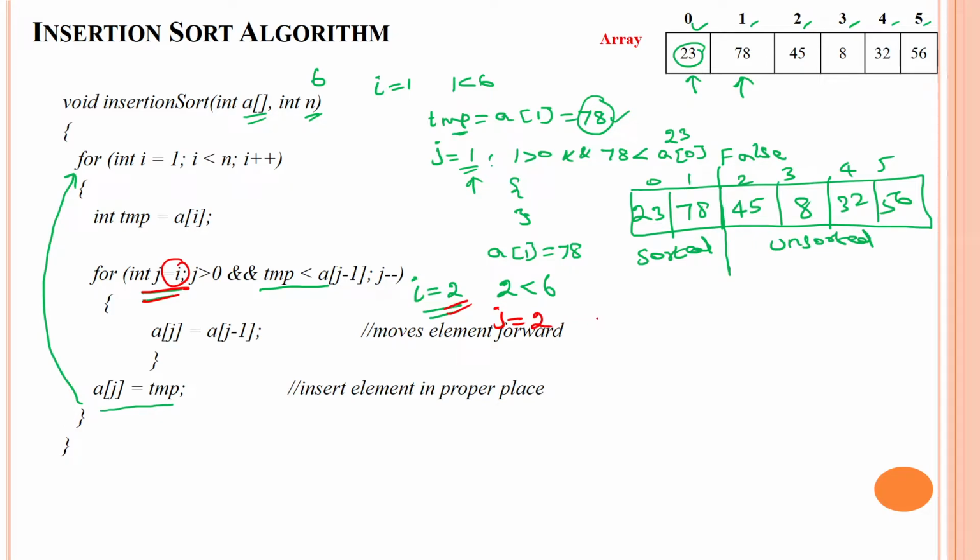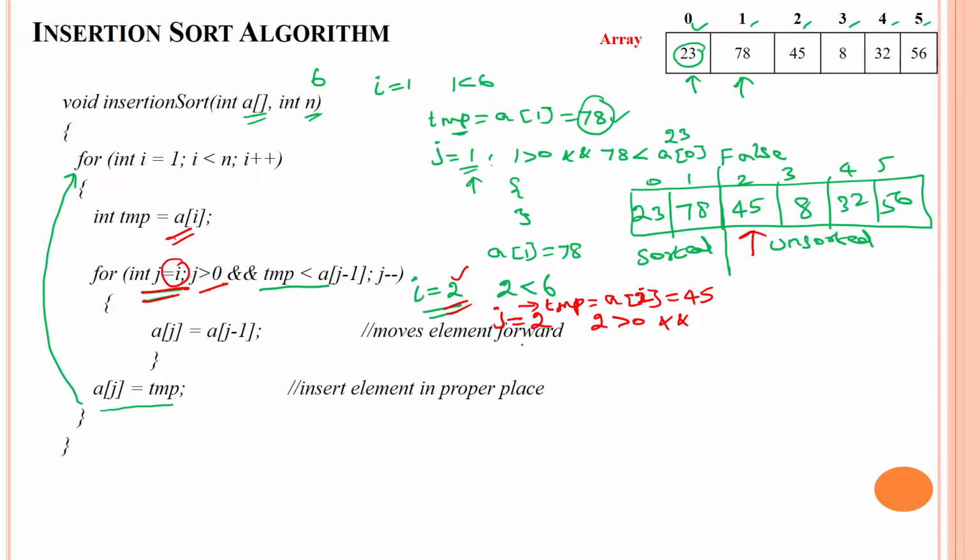Then the condition is j greater than 0, so 2 greater than 0. Earlier, the temporary has to be assigned in this place, so temporary equals a of i, where i is 2, and a of 2 is 45.